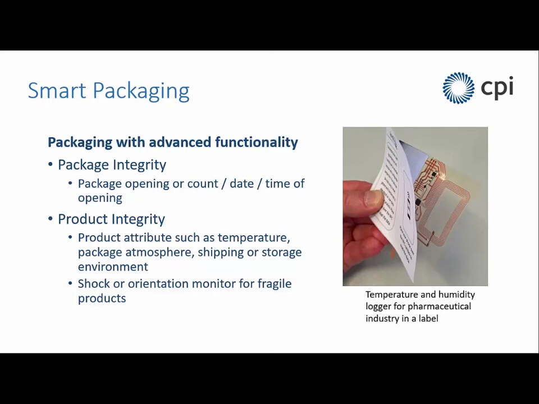This is very common with drugs, for example, making sure that the drugs have not gone over temperature or under temperature in some cases while they're being shipped, and that's the particular example I'm going to show later. Or even things like shock and orientation monitors are very helpful to make sure that the product has not been damaged or destroyed in any sort of way.